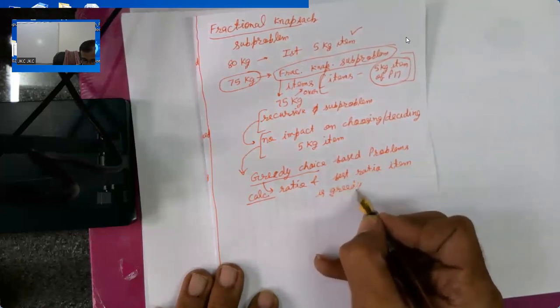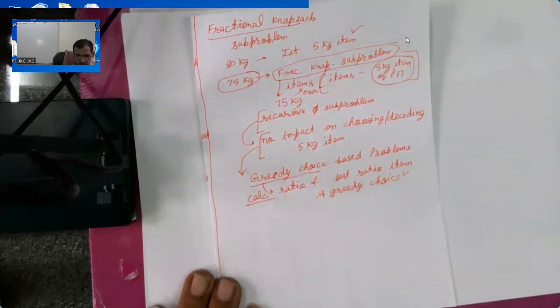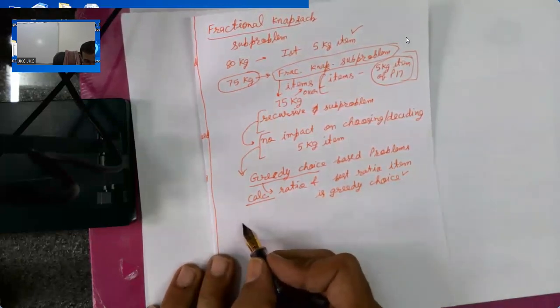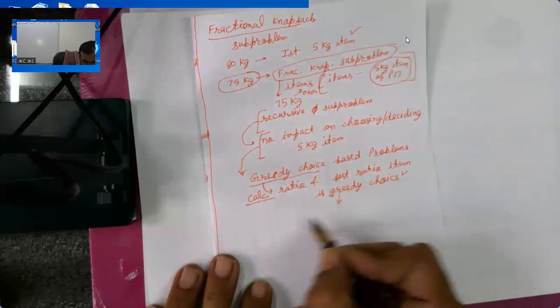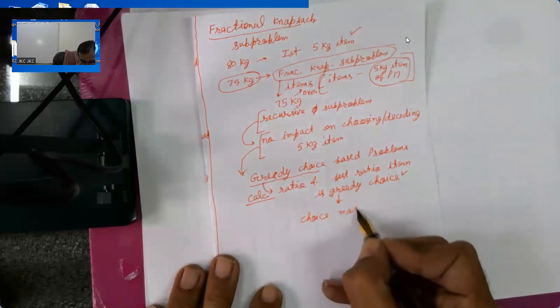Now, I say this is the most crucial way of working for greedy algos. So when I say greedy choice, effectively it means a choice made at local level.